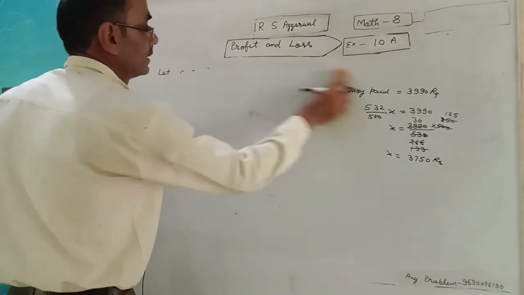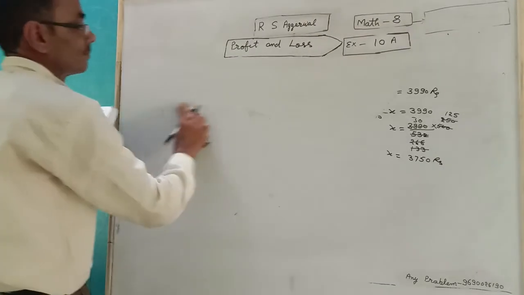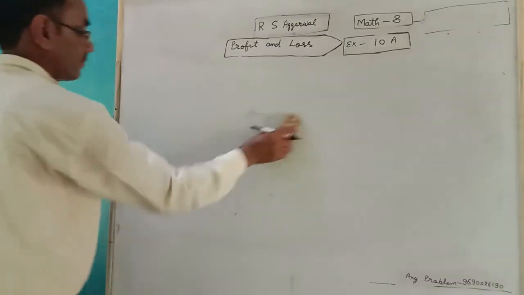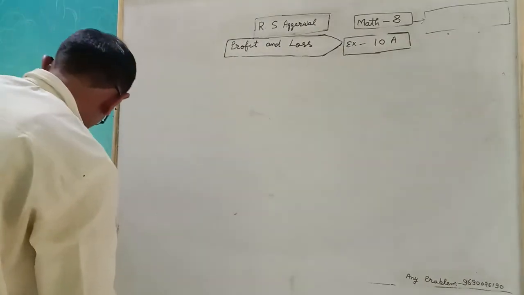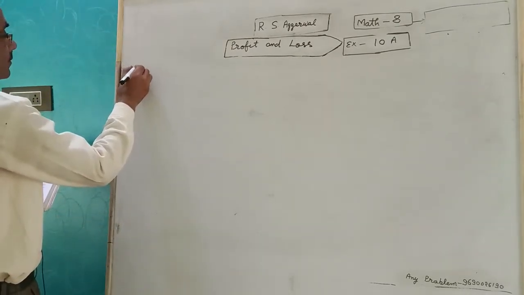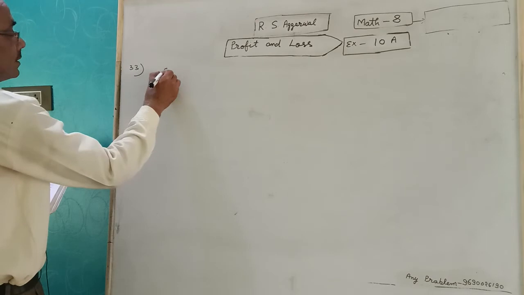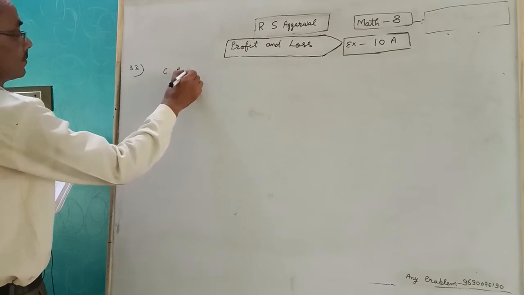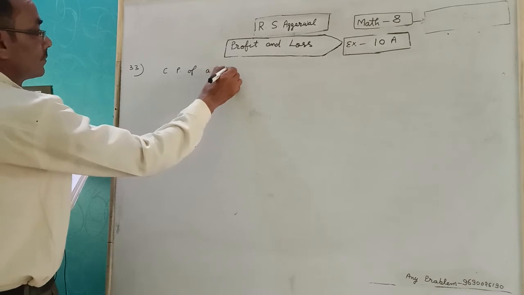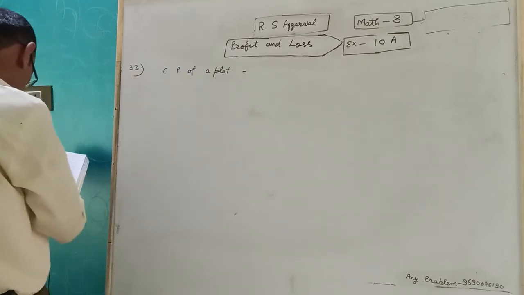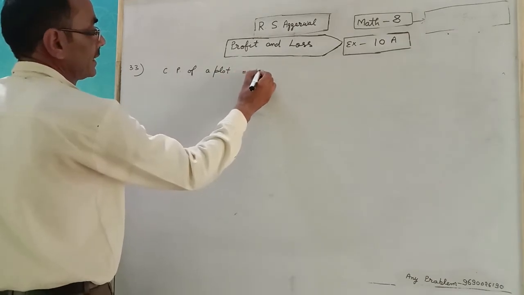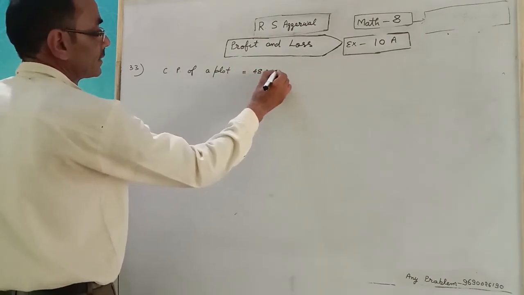Question number 33 is: Ahmad has a plot. The CP of the plot is equal to 4,80,000.